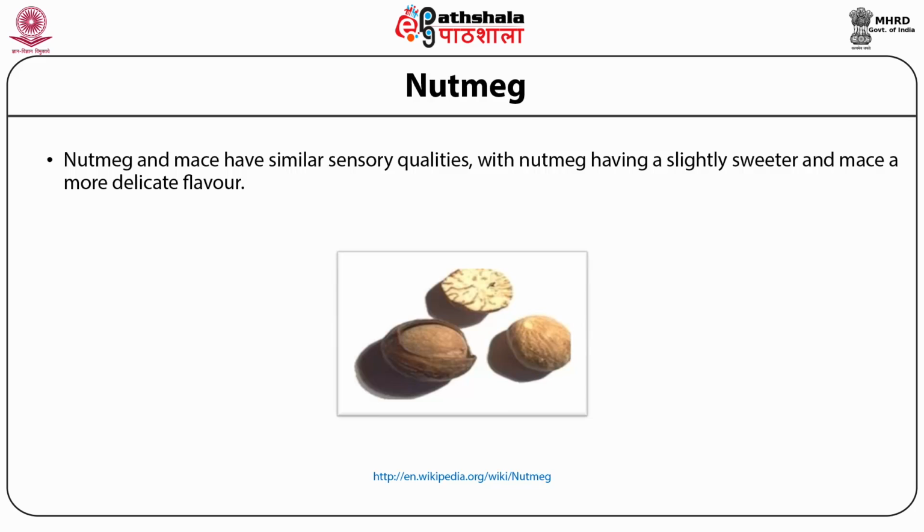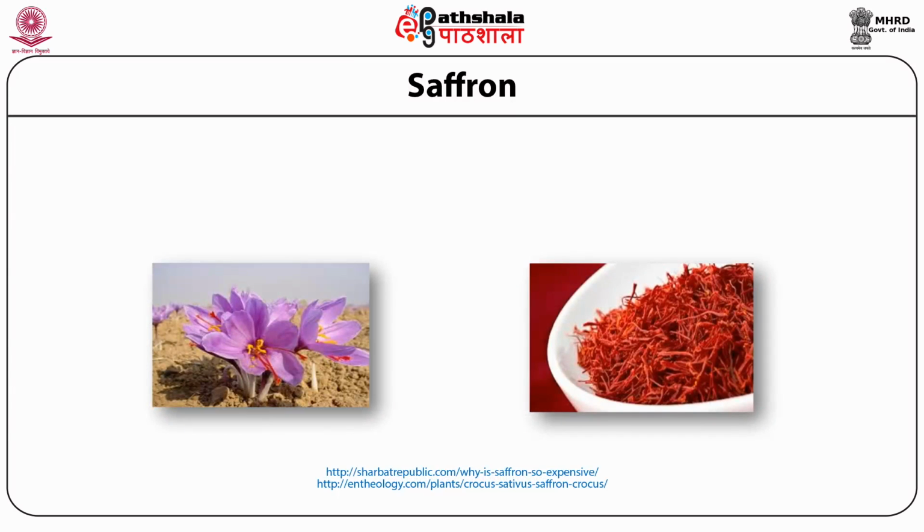Useful parts are seeds covered by a hard brown shell, in turn covered by a red aril, mace. Culinary uses are as an ingredient in garam masala, and flavor to desserts, curries, lamb, vegetables, and rice, for pulao and biryani.